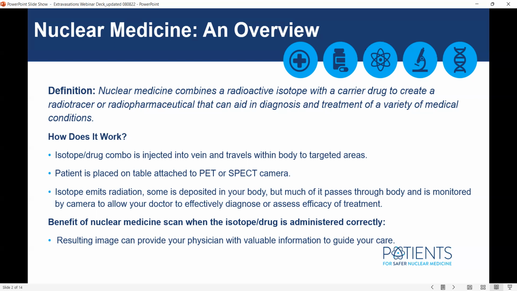When these scans are done correctly, the amount of radiation emitted to the patient is safe. And what I just described to you is a typical nuclear medicine scan. An extravasation is a medical error that can occur during these scans.